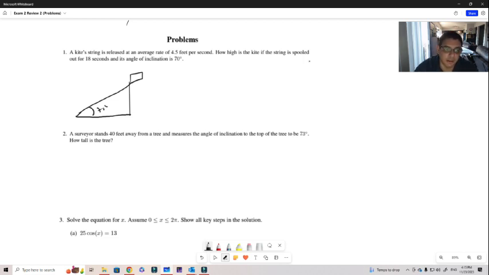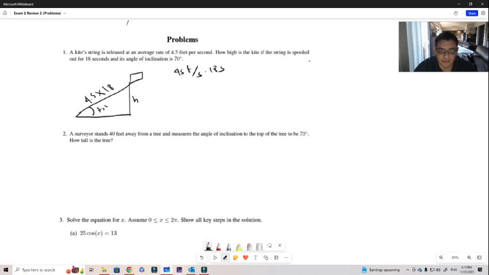We want to know this h, and we have information on this hypotenuse, because once we release, this hypotenuse is going to be 4.5 times 18 seconds. Notice that this is 4.5 feet per second, and then we're multiplying by 18 seconds in the air.